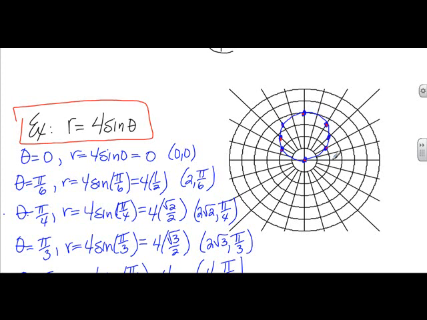Specifically, it appears to be the circle with a center right there. So if I'm thinking about the x-axis and the y-axis here, it looks to me like the center of that circle is at the point (0, 2), and the radius is 2.